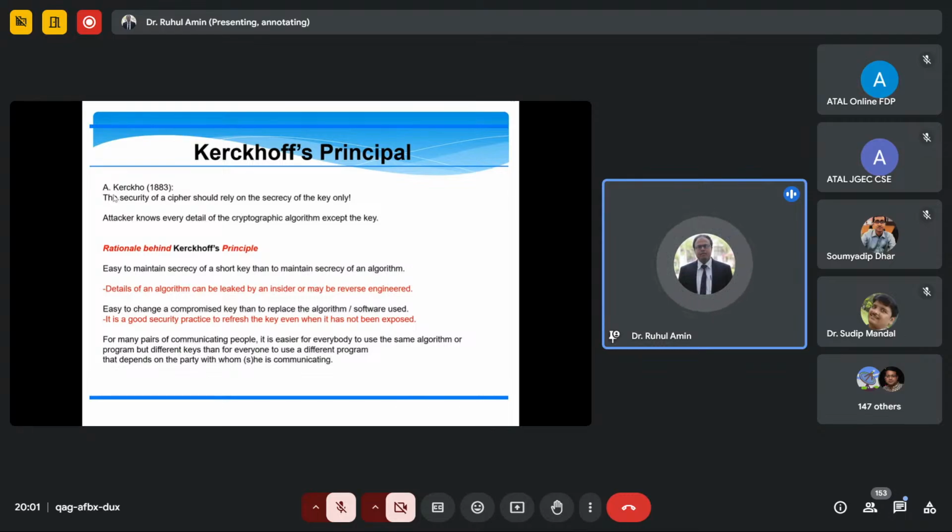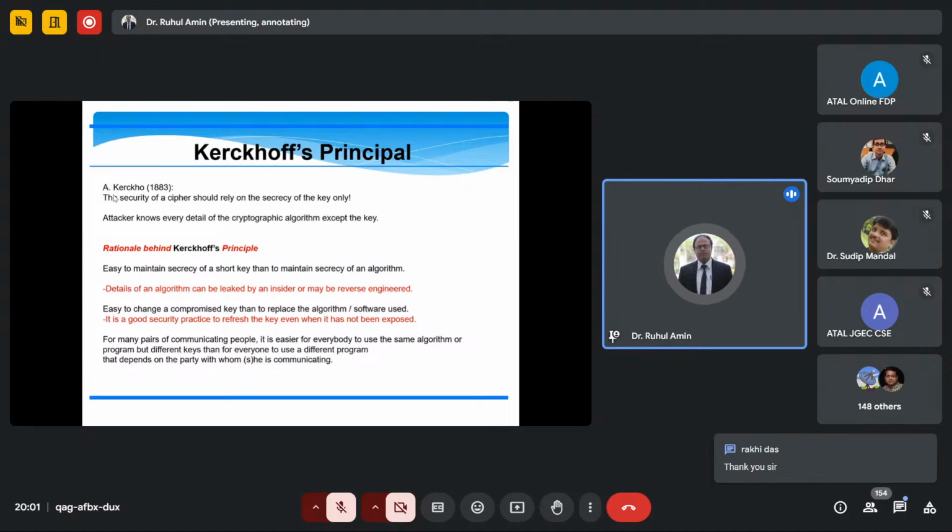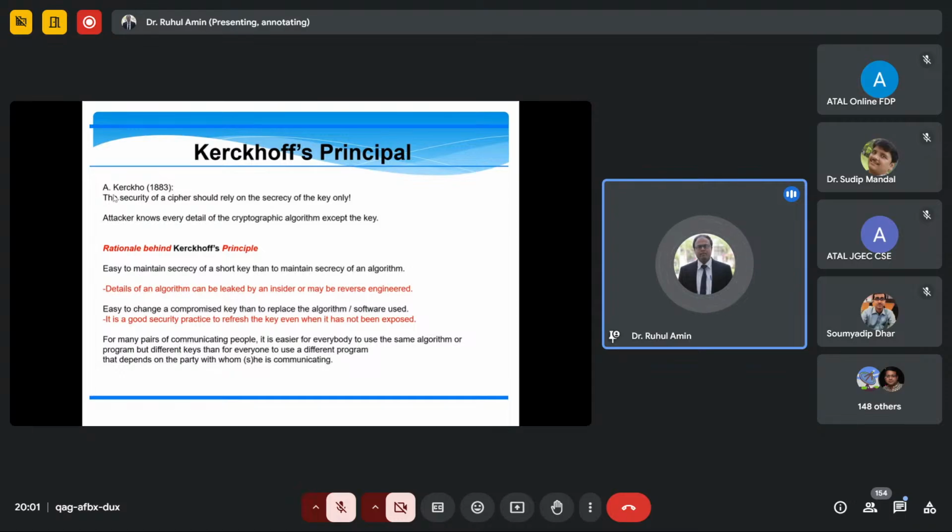So this is basically the Kirchhoff principle, and there is a reason why it tells that the attacker knows the cryptographic algorithm. It's telling that it is easier to maintain the secrecy of a short key than to maintain the secrecy of the algorithm. Try to understand. The question is, there are two things: one is a key, another one is the algorithm.